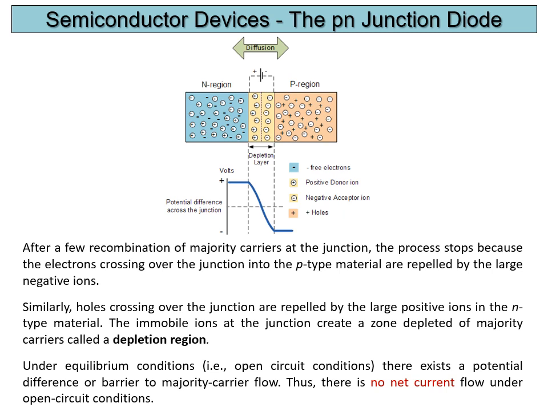Under equilibrium conditions, such as open circuit condition, there exists a potential difference or barrier to majority carrier flow. Thus, there is no net current flow under open circuit condition. So after a few moments, the recombination of electrons from n-type to p-type, and holes from p-type to n-type, stops because the carriers are repelled by the ions in the respective regions.